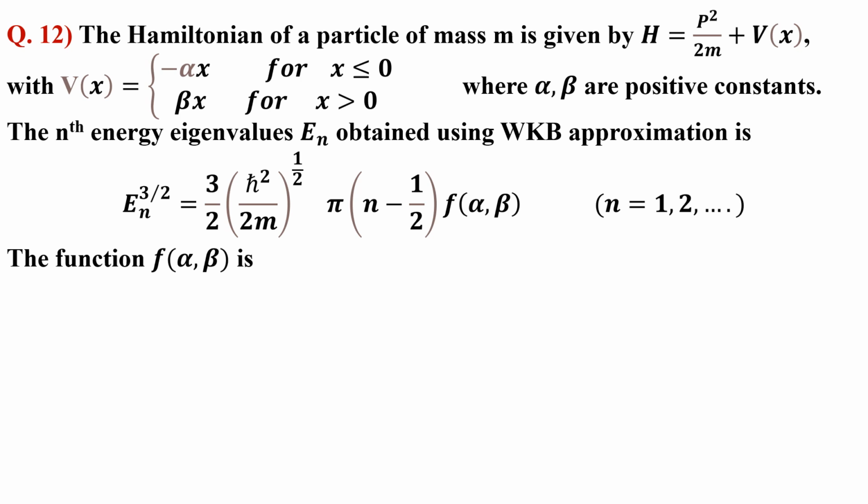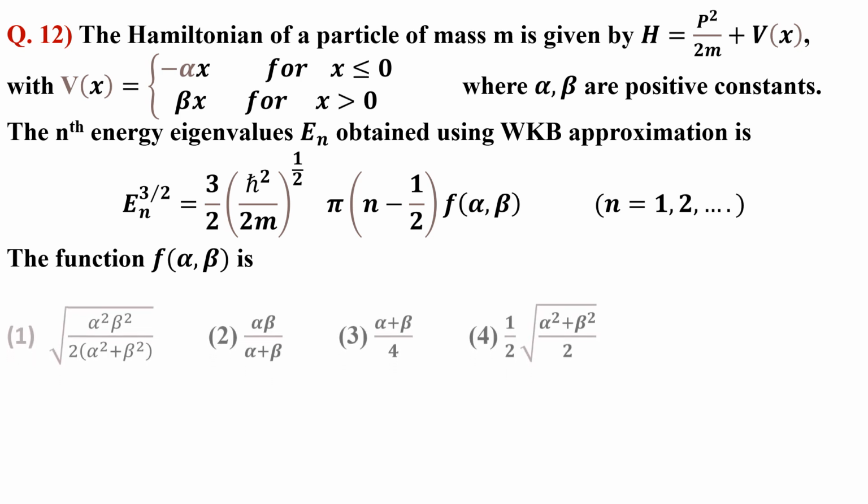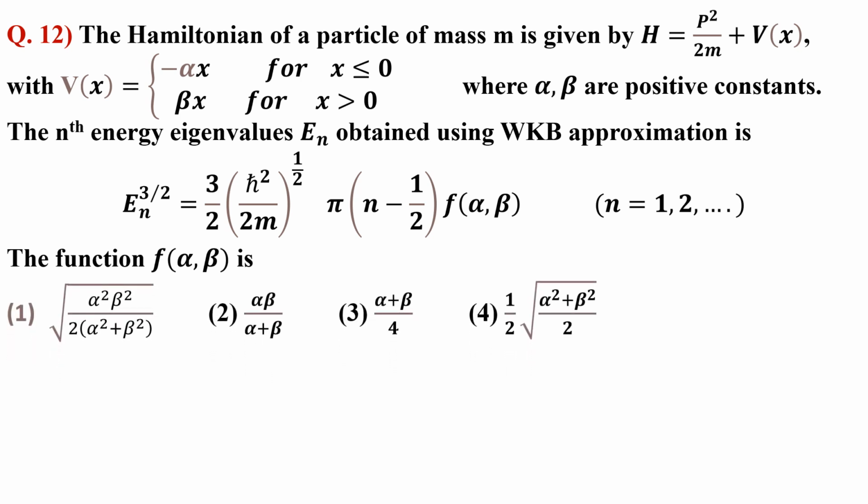The function f(alpha, beta) is: option 1, √(alpha² beta² / 2(alpha² + beta²)); option 2, alpha beta upon alpha plus beta; option 3, alpha plus beta upon 4; option 4, half √((alpha² + beta²)/2).